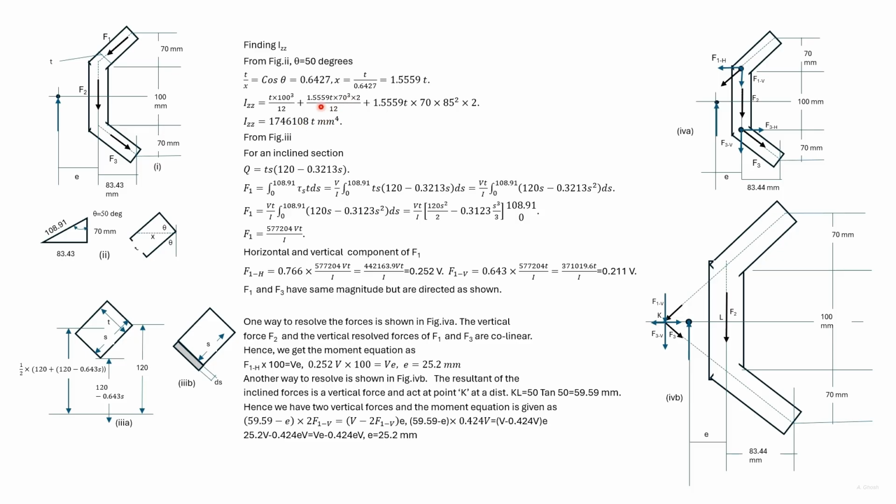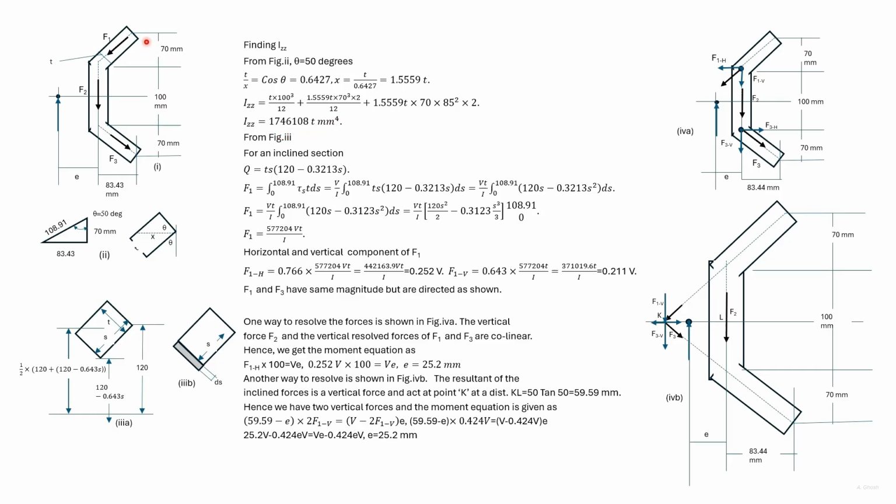Here we use x into 70 cubed by 12 into 2 as the moment of inertia of the inclined portions, plus the transfer term with 80 squared for the inclined portion. So we obtain the total moment of inertia.